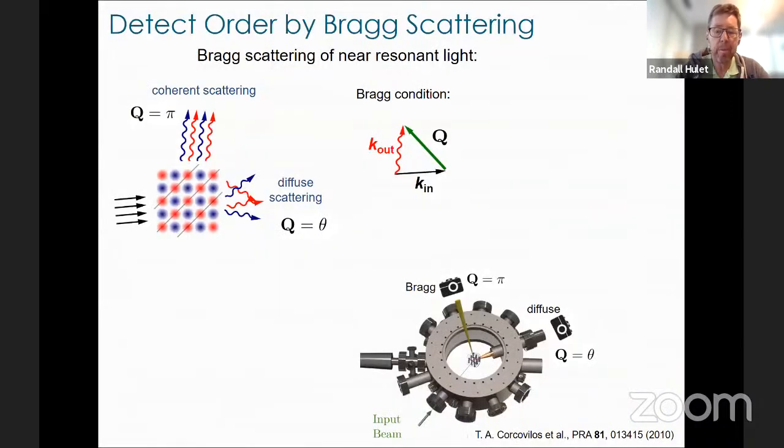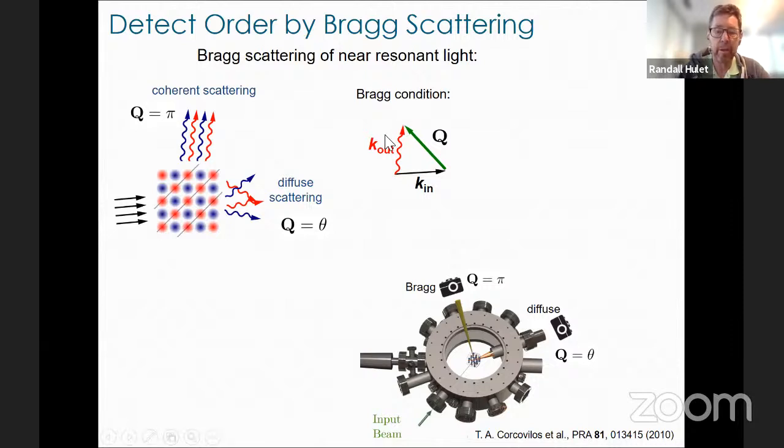The way people detect antiferromagnetism in solid state physics is to scatter X-rays or neutrons off of crystals and look at the angle at which the light or neutrons are coherently scattered. The coherent scattering comes about because of this Bragg condition.